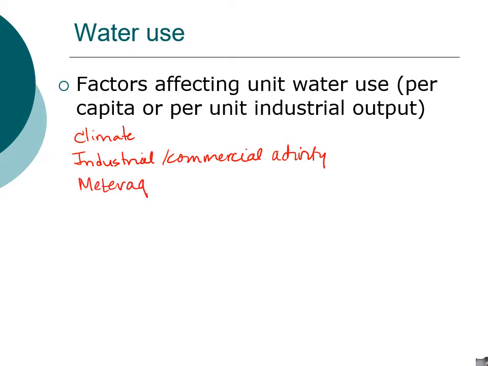Another aspect is meterage. So whether the homes or users are metered, whether their water usage is metered, that plays a significant role, and putting meters on a home can actually reduce water usage by up to about 40%.